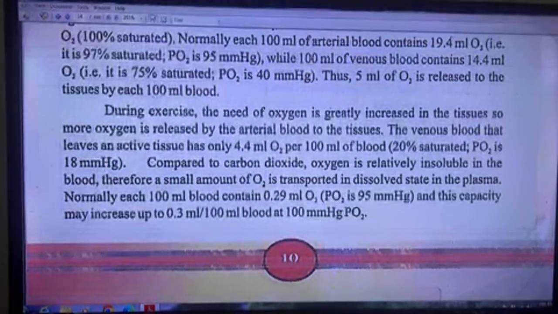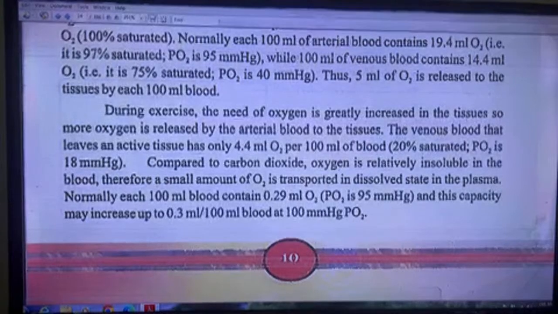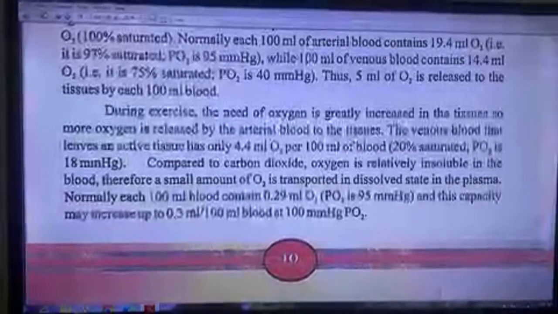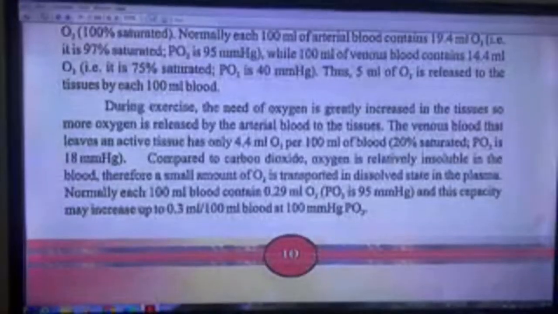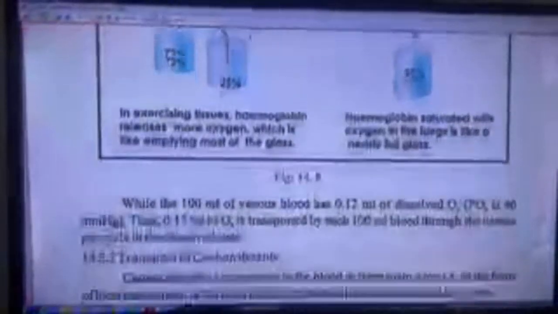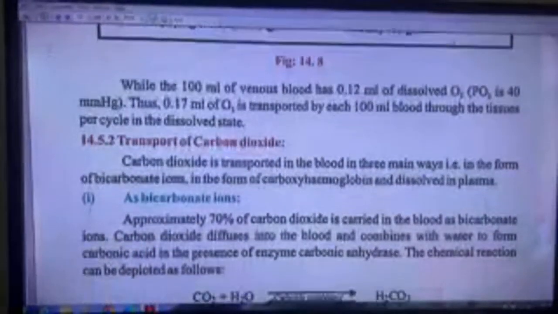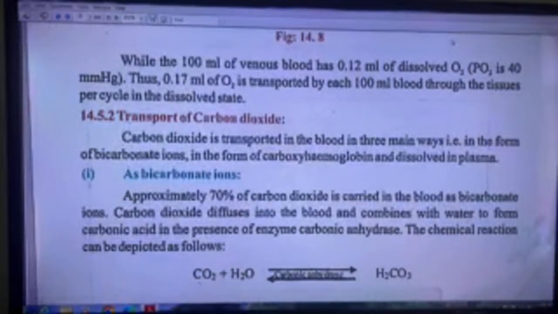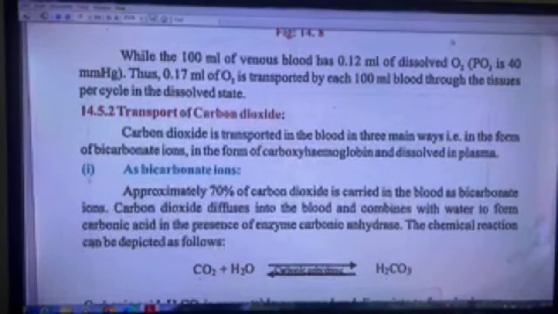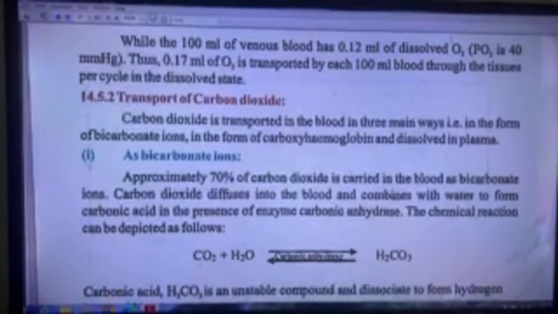Normally, each 100 milliliters of blood contains 0.29 milliliters of O2 at PO2 of 95 mmHg, and this may increase up to 0.3 ml per 100 milliliters of blood at 100 mmHg PO2, while 100 milliliters of venous blood has 0.12 milliliters of dissolved O2 at PO2 of 40 mmHg. Thus, 0.17 ml of O2 is transported by each 100 ml of blood to the tissues per cycle in the dissolved state.